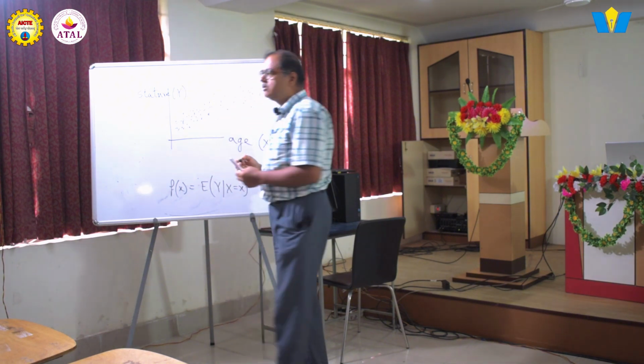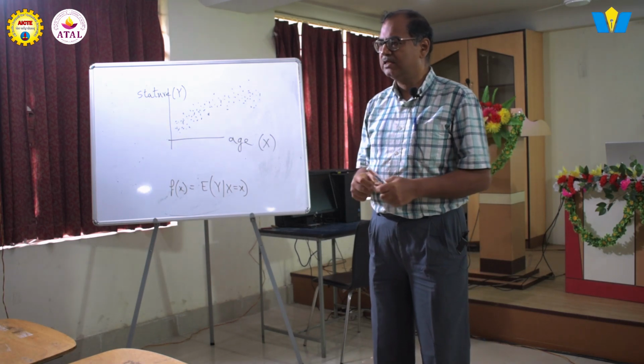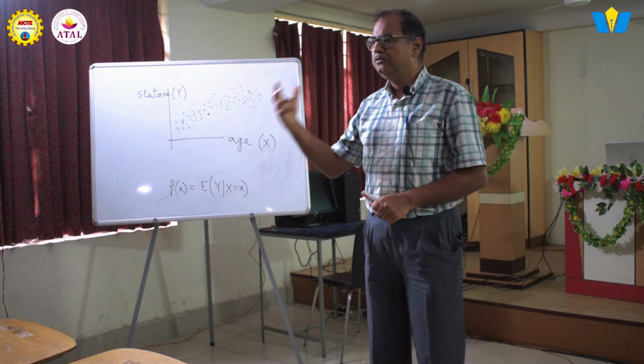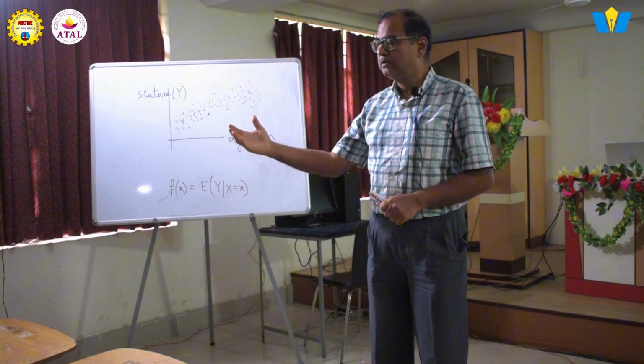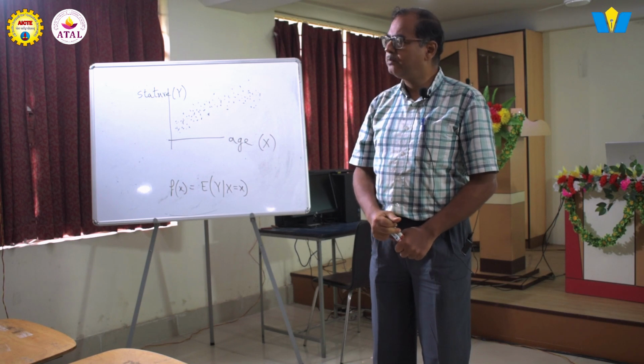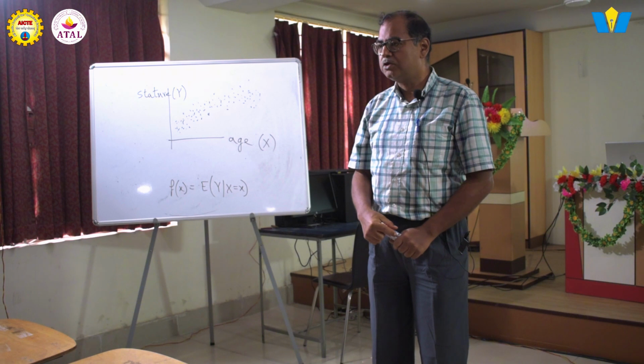So I want to have a formula, some function f of x, so that if you give me the age, I should be able to tell you the height. That will not be accurate for any particular individual, but on the average it should be fine.